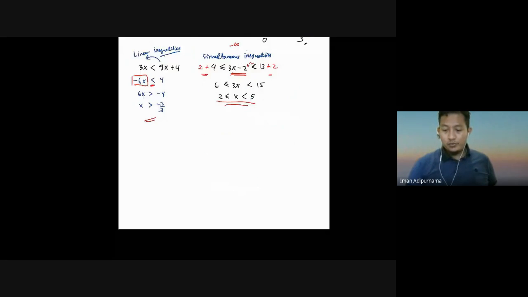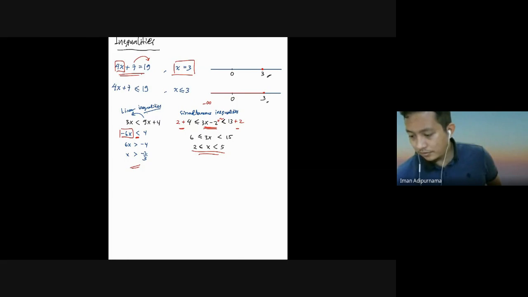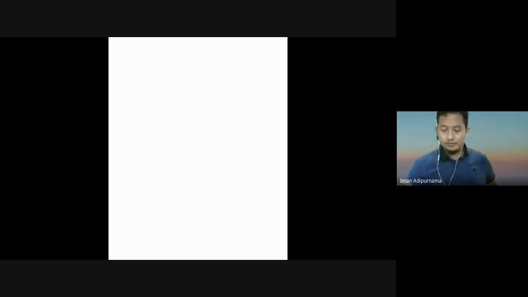Okay, what if, let me write an example, x squared minus 5x less than or equal to -6.